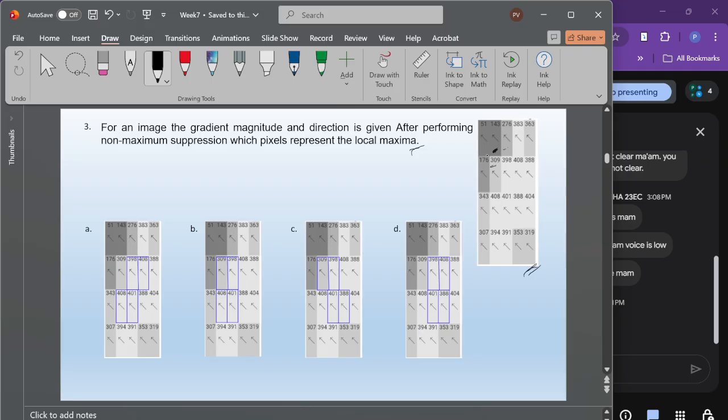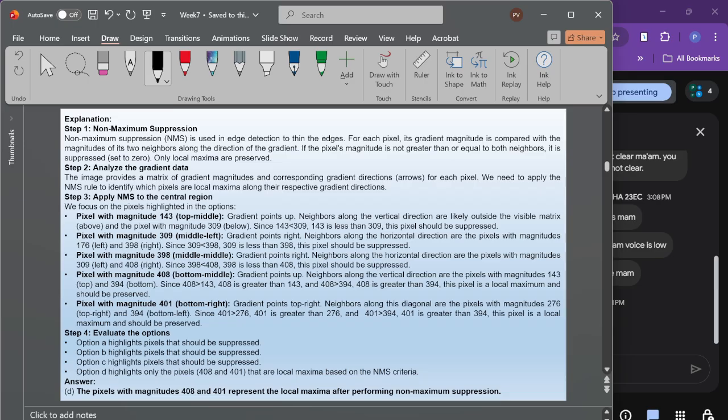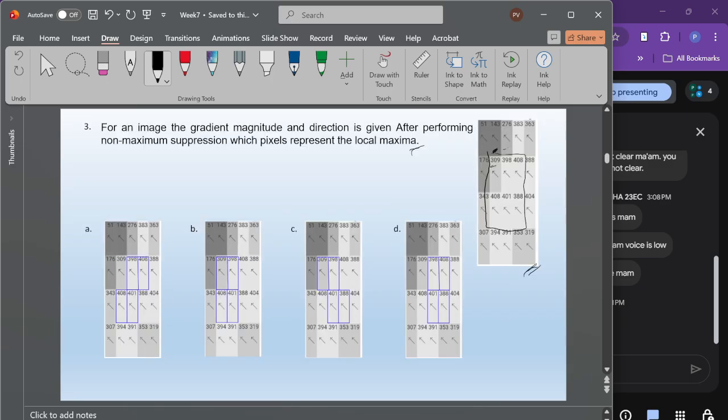We are considering only this part, because they have marked only this part in the option. So the gradient points up, so neighbors along the vertical direction are likely outside the visual matrix. That's why we are not taking this one.